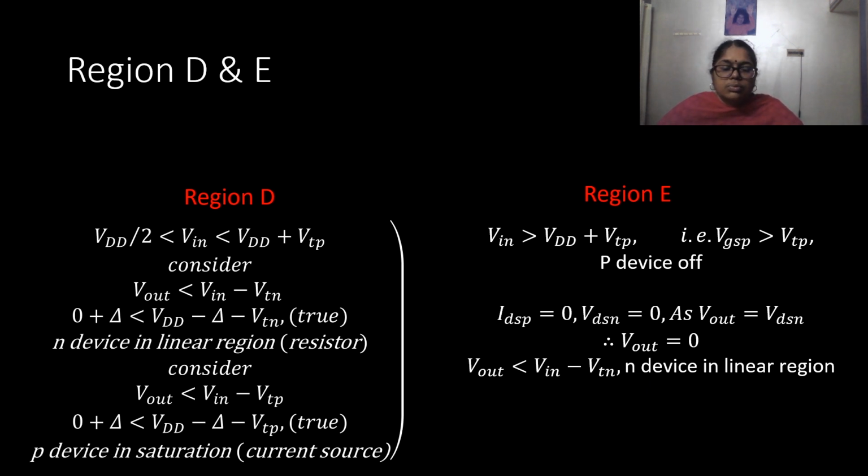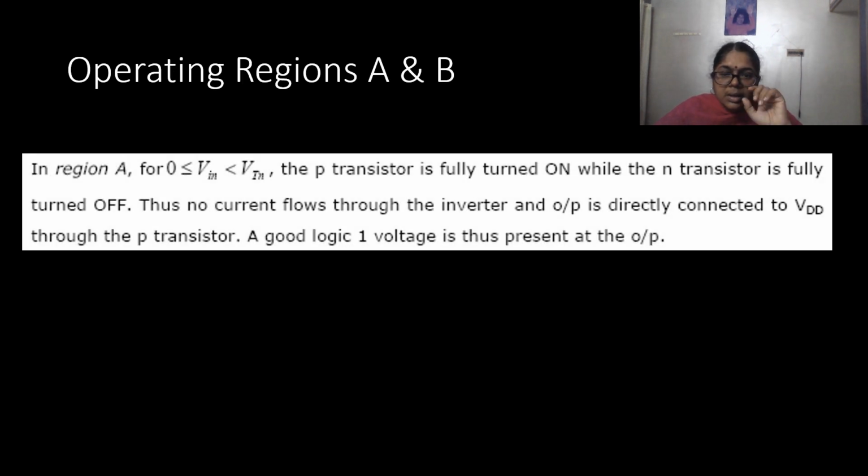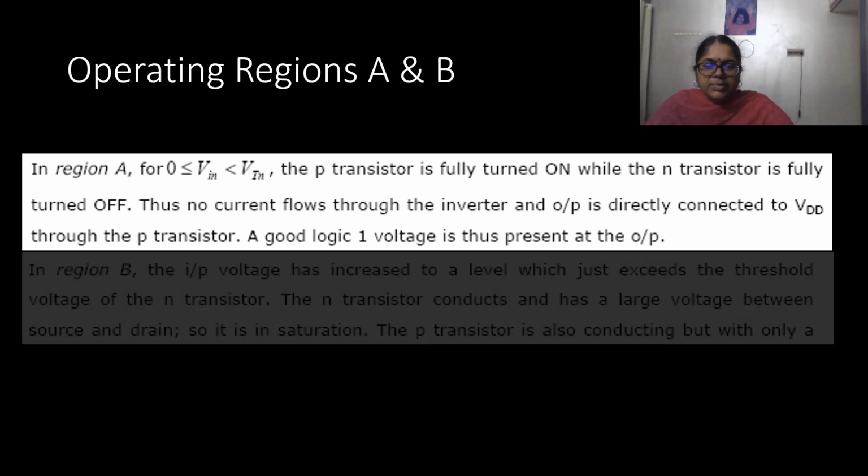So what did we understand? In region E, the pMOS is off, that is, it is in the cutoff region, and the nMOS is in the linear region. Region A is when the input is between 0 and Vtn: pMOS is fully on and the nMOS is fully off, no current is flowing, and output is equal to VDD.